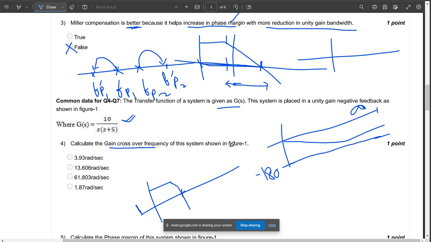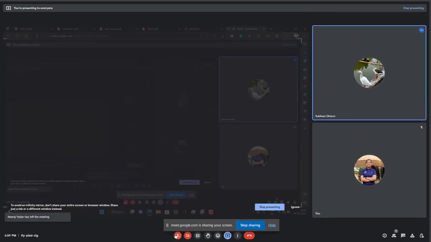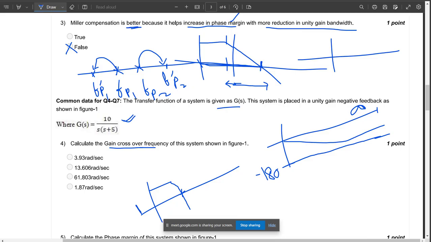Ma'am, 1.87. Okay, very good, Shubham. So let's try for some more time. Let's see if others also join and try to solve this question, and then we'll solve it. Okay.